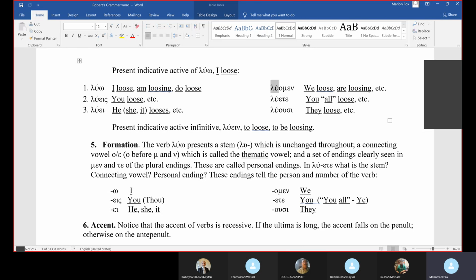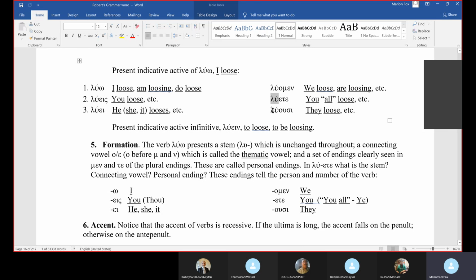It's an old pronoun. It's not separated off as a separate pronoun, however, just attached to the verb. And the next one, I'm sorry, it's first person. Luete: we take the basic stem, lu, and then we add ete, epsilon, tau, epsilon. And this is "you" or "you all," good Southern English, "you all loose."